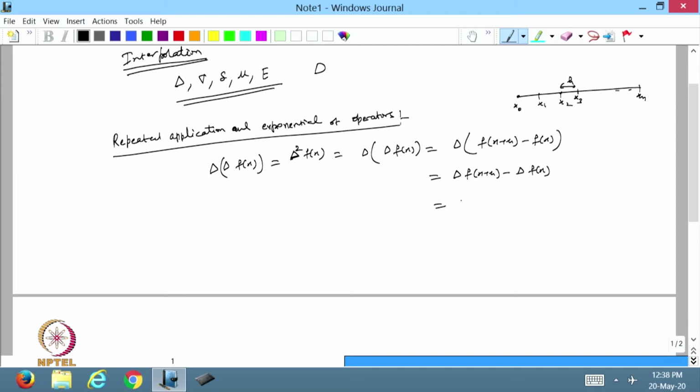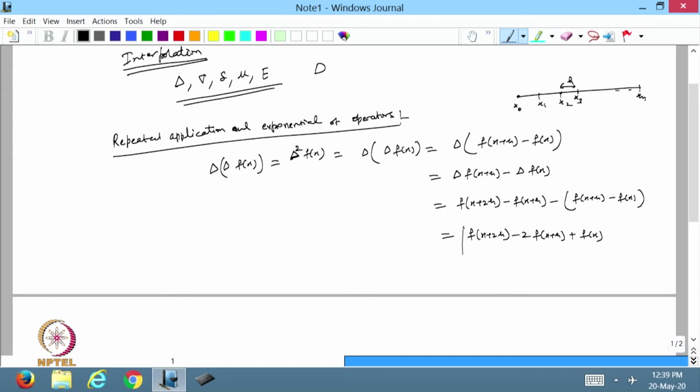So this is equal to f x plus 2 h minus f x plus h, minus f x plus h minus f x. Now I can say that it is f x plus 2 h minus 2 times f of x plus h, plus f x.